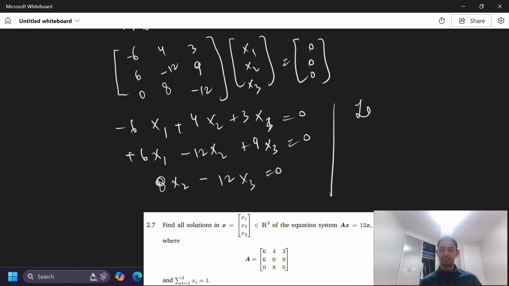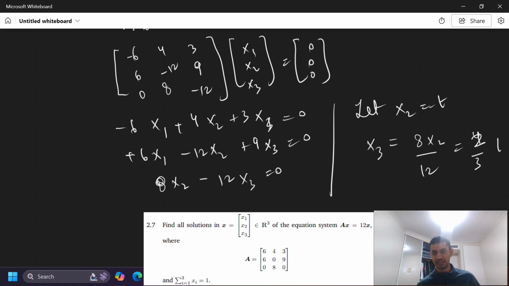To solve them parametrically as quickly as possible, just assume x2 is equal to t, so that I can get x3 in terms of t and then substitute that upwards in the bigger equations. And from this we can get something like x3 is equal to 8 x2 over 12, which is something like 2 over 3 t.